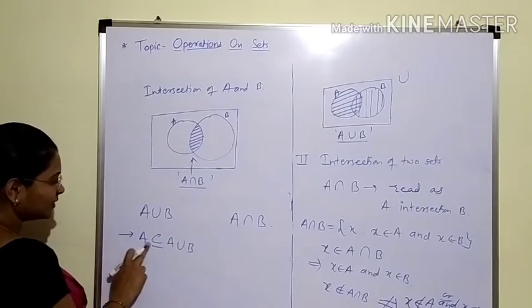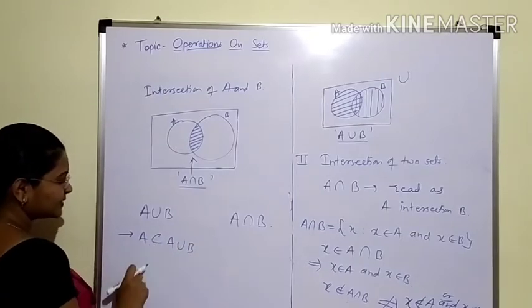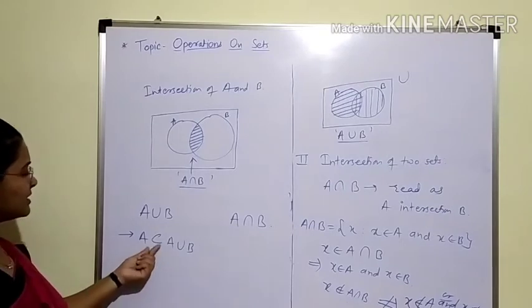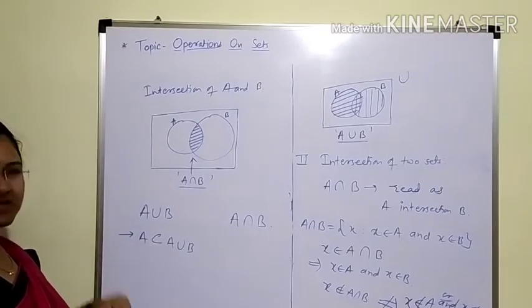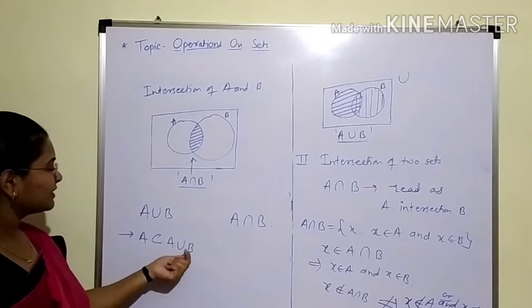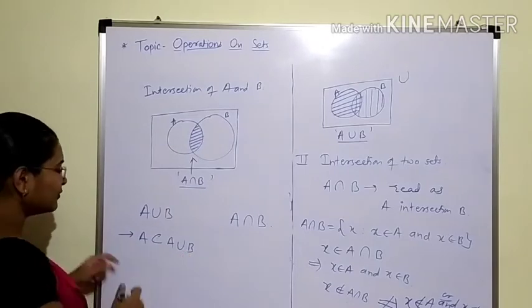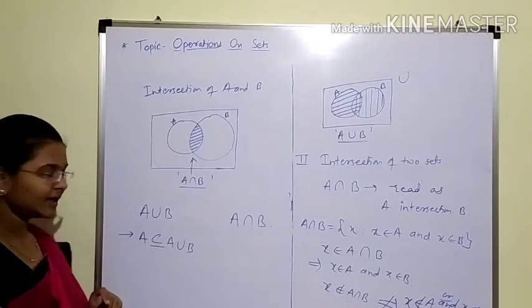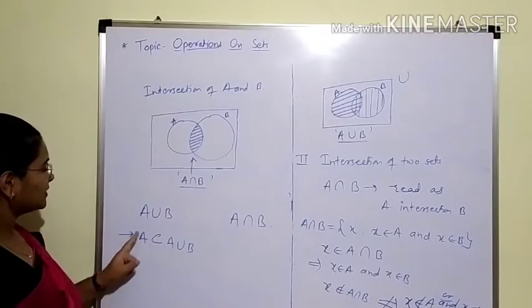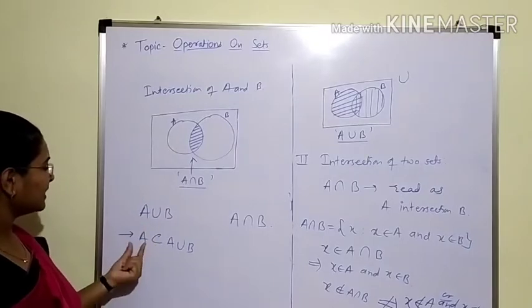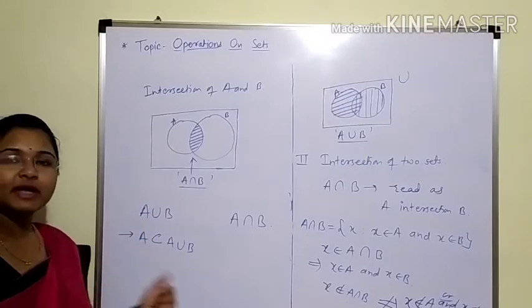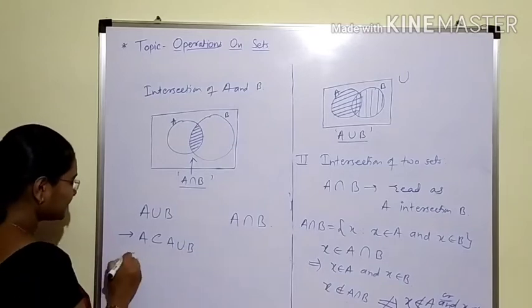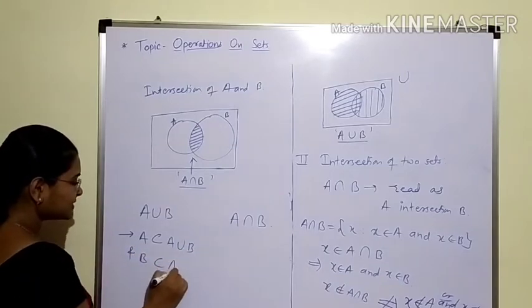Here we will show proper subset only, because if B is the empty set, only then can we write this. So in A union B, A is a subset of A union B and B is also a subset of A union B.